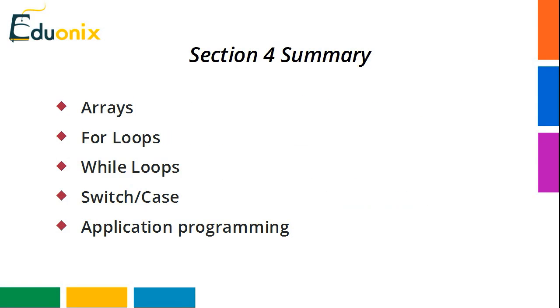This is a summary of section 4. So we've talked about arrays and also two-dimensional arrays, and we decided that arrays are ways of storing groups of objects together. And arrays are particularly useful when you want to perform repeating computational operations on groups of objects.